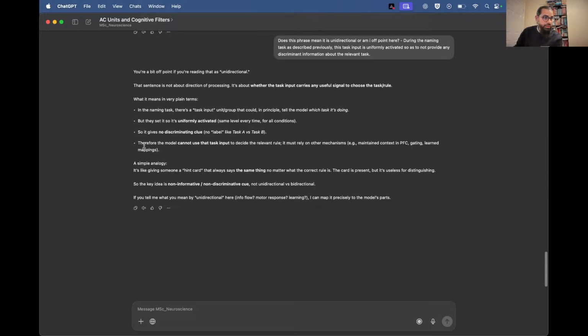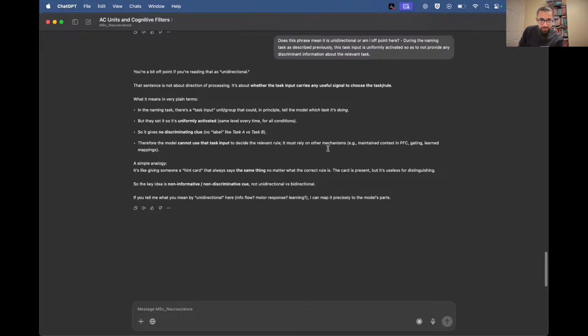No discriminating clue. Therefore, the model cannot use that task input to decide the relevant rule.